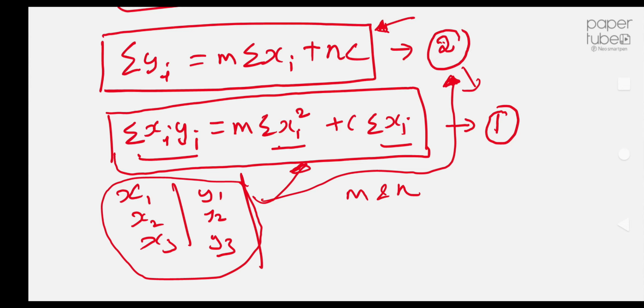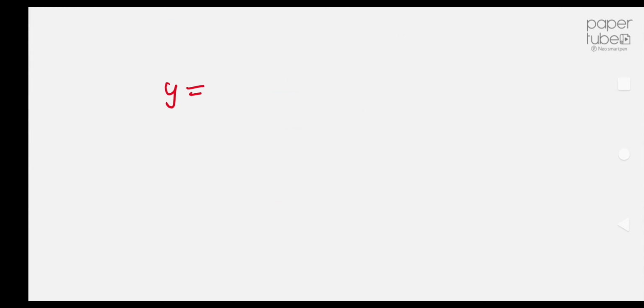In the next few videos we will try to solve experimental data that follow a parabolic expression like y equal to a plus bx plus cx square, and some experimental data where x versus y follows the linear expression y equal to mx plus c.